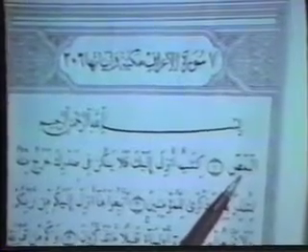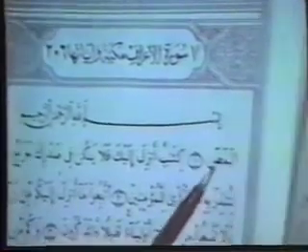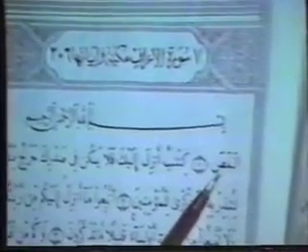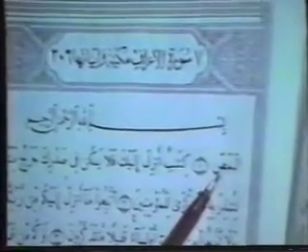Surah number 7 is initialed with the 4 letters Alif, Lam, Mim, Sad, as you see here. And when you count these letters, Alif plus Lam plus Mim plus Sad, in this surah, the total comes to 5,320, which is 19 times 280.